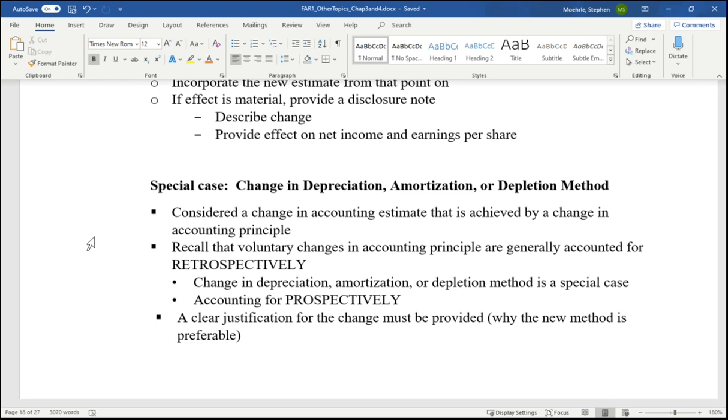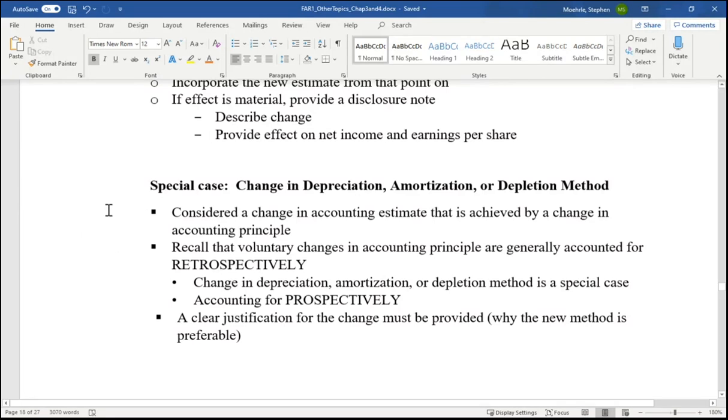The change in the depreciation, amortization, depletion method is a special case. They will be accounted for prospectively. However, a clear justification for the change must be provided. That is, the company must describe why the new method is preferable.